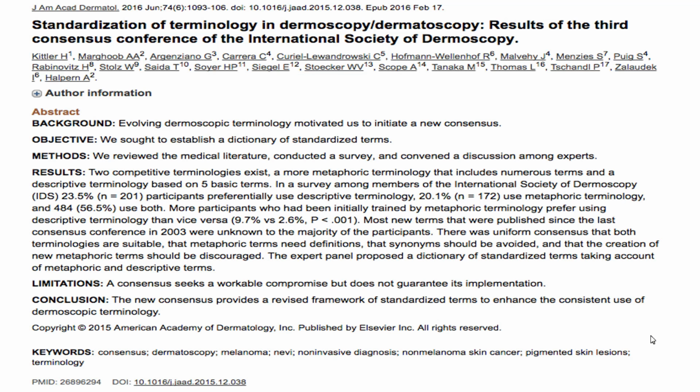And it turned out that actually most of these 300 terms, most of the dermoscopists have never even heard of. We didn't know that there was such a thing as a sunrise pattern, for example.